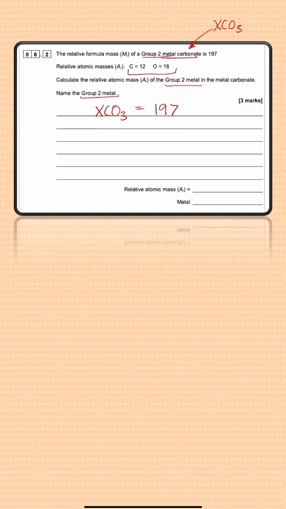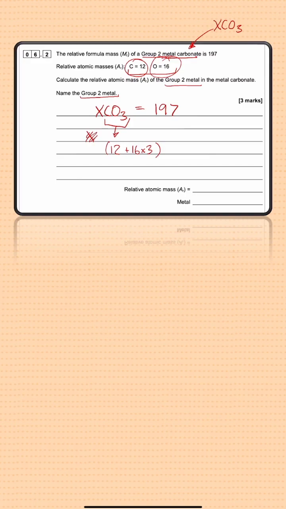So what we need to do is first work out the MR of just this CO3 part. What's the MR of just CO3? How do we work that out? Well, we know carbon is 12, we know oxygen is 16. So what we can do is 12 plus 16 times 3. If you do that, that's going to give you what CO3 is.